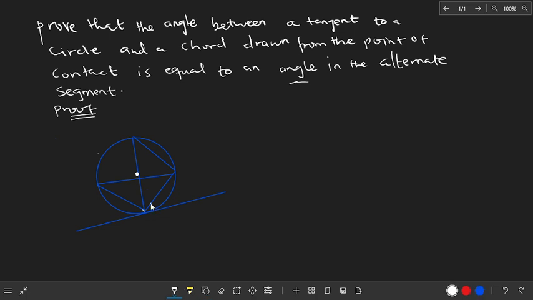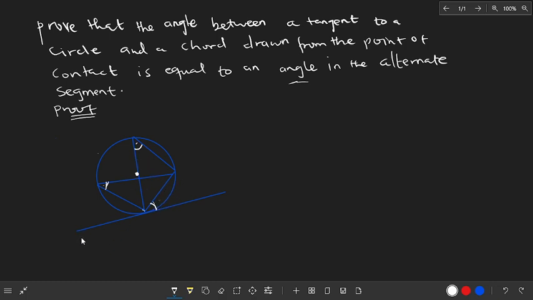I want to prove that this angle here is equal to this angle. And we know that this angle is the same as this angle, right? From our theorems. So we want to prove that this angle here is equal to this angle.